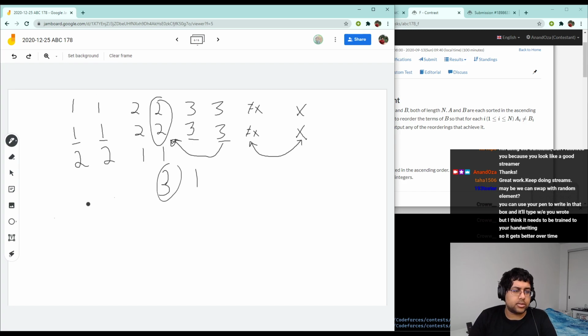All right, so let's look at another example. If we have 1, 1, 2, 3, 4, 4, and then the other is 1, 2, 2, 3, 4, 5. We want to swap this 1 somewhere, and we can swap it anywhere that's after both these ones, and that would be completely fine.